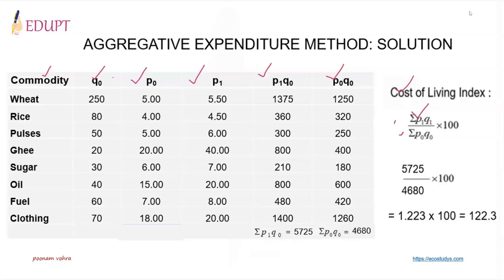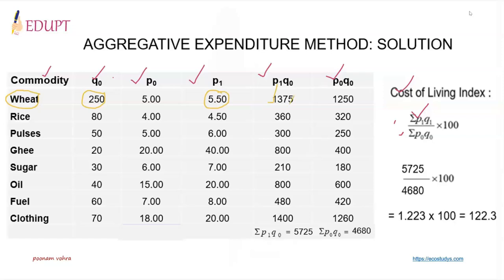P1 is 5.50 for wheat and Q0 is 250 for the same commodity. By multiplying the two, we get P1 Q0 for wheat as 1375.